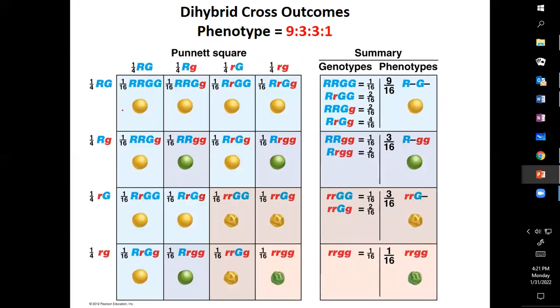So like I said, go ahead and finish off that table yourself and then count up how many are round and yellow, because that's the dominant phenotype. And what you'll see is there's 1, 2, 3, 4, 5, 6, 7, 8, 9. 9 of them are dominant for both traits. So again, in this case, RRGG. 3 are green and round.